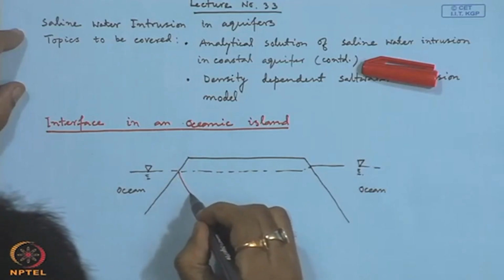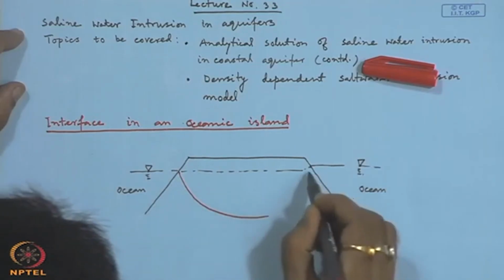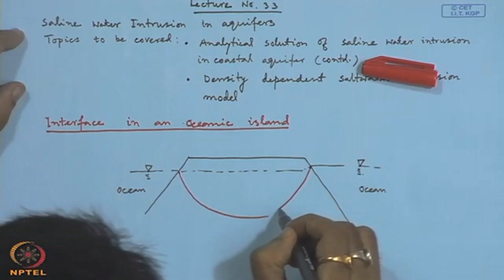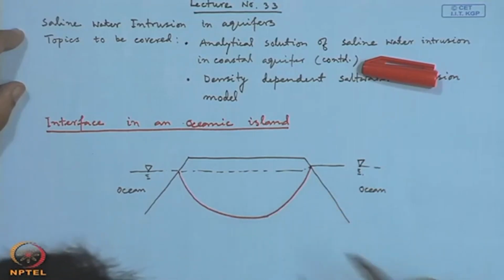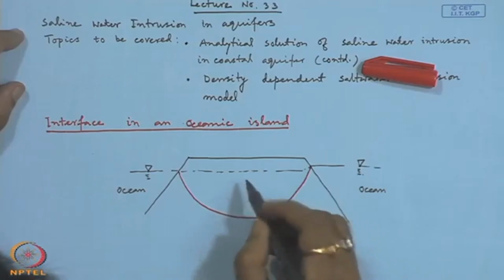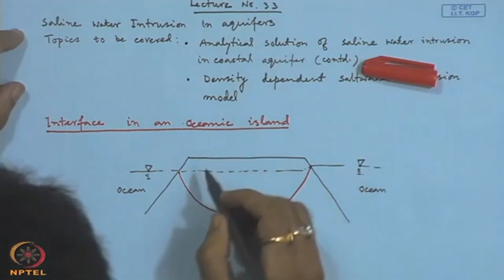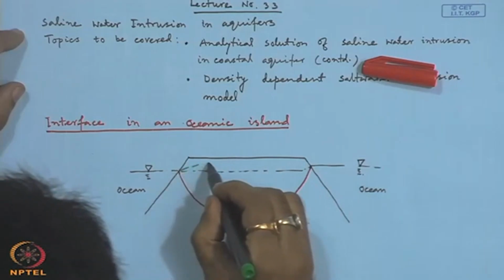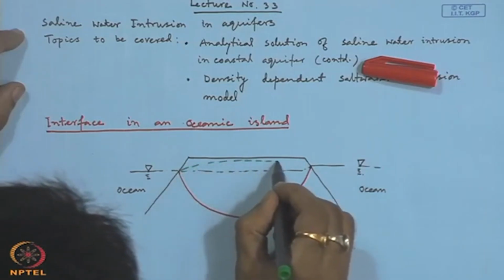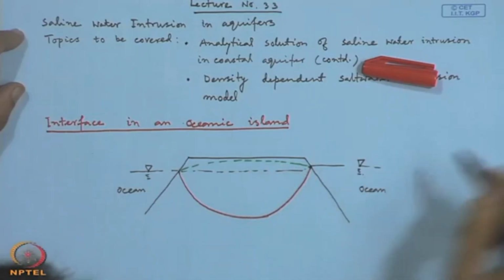and the interface is like this, and we have groundwater table which is also symmetric in nature.